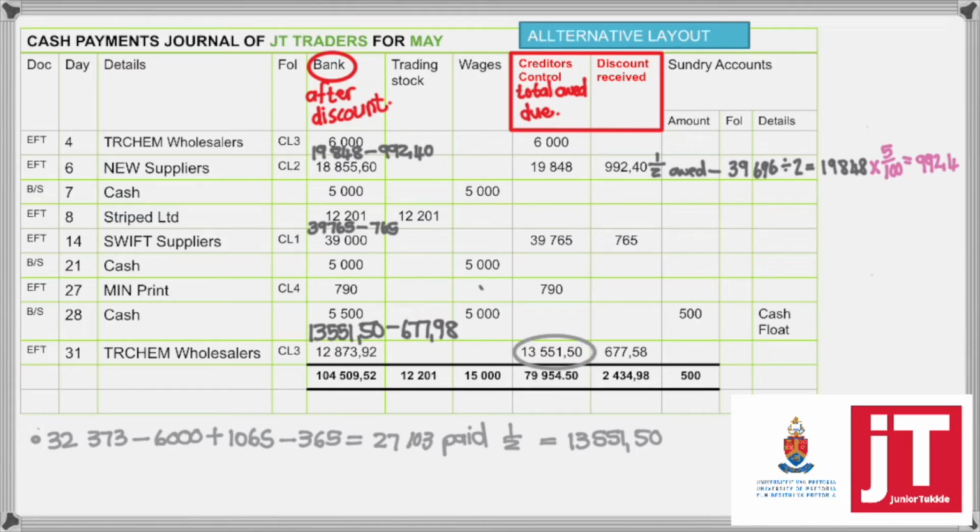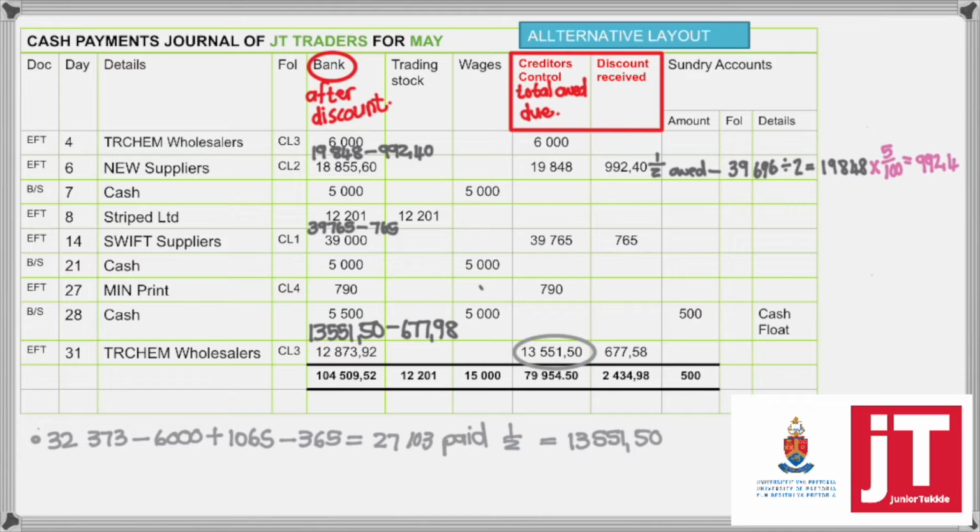So if you want to double check your bank total with this layout, you have to add from the top down. And then to double check it, you're going to say 12,201 plus 15,000 plus the 79,954.50 cents minus discount of 2,434.98 plus 500 Rand should give you that 104,000.